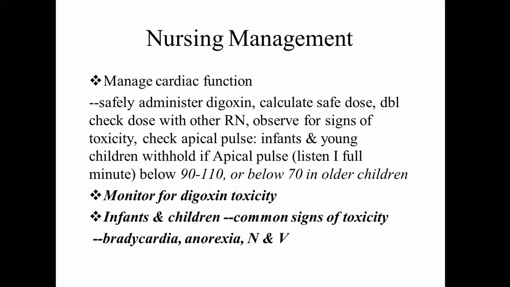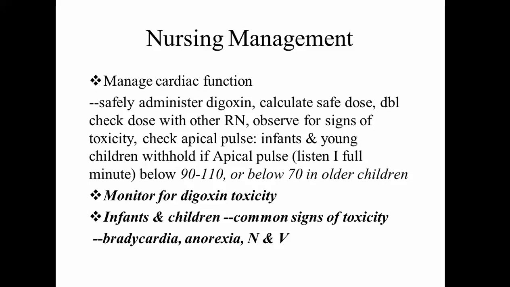But for the purposes of our lecture, for infants and young children, you're going to withhold the digoxin if their apical pulse is below 90 to 110. And for older children, you're going to withhold the digoxin if their heart rate is less than 70. All right?